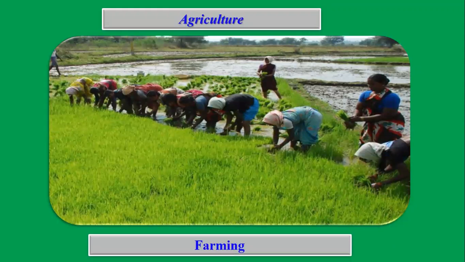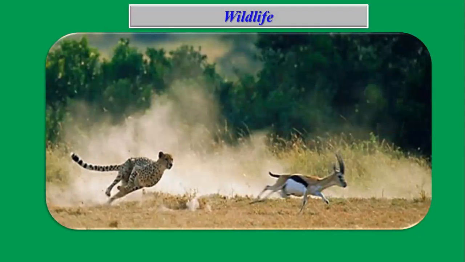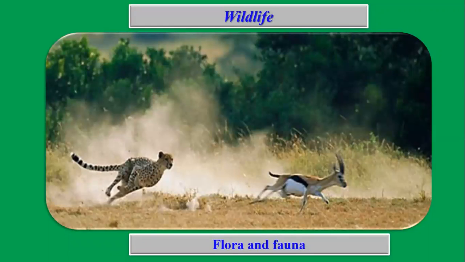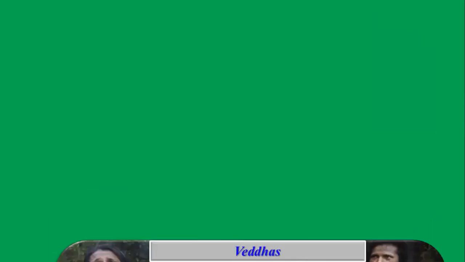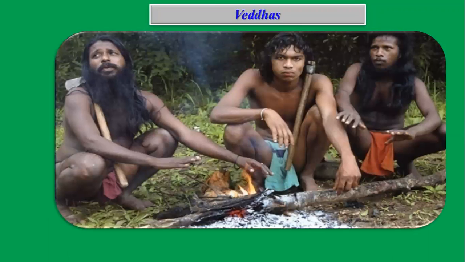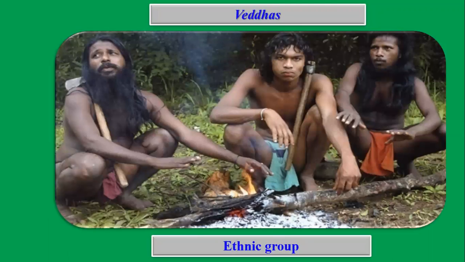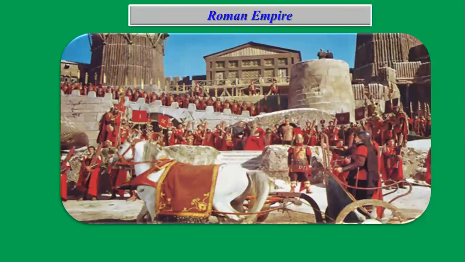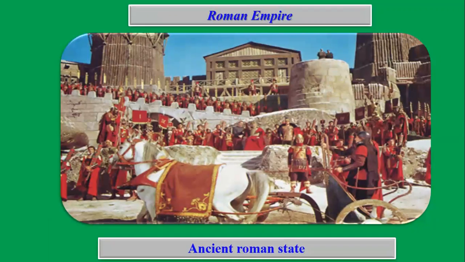Agriculture means farming. Wildlife means flora and fauna. Vedas. Empire means an ancient Roman state.